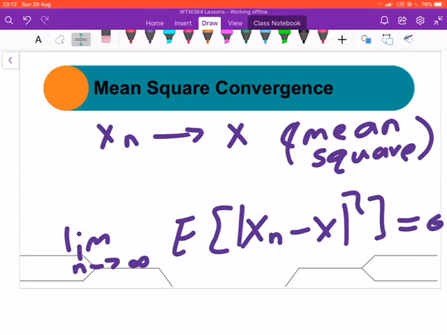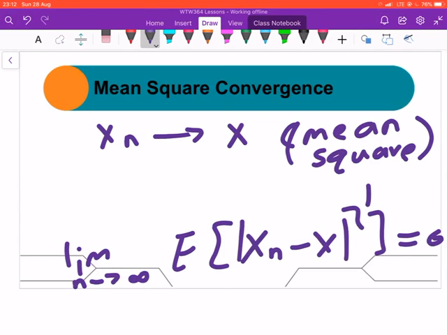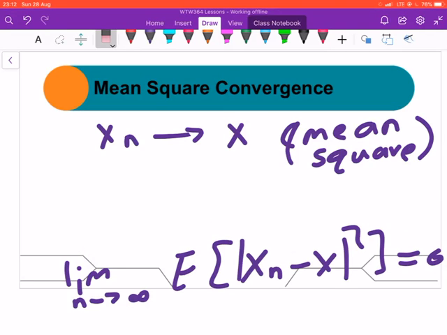So meaning that we are able to say that xn goes towards x if we know this definition. So this is the definition of mean square convergence.